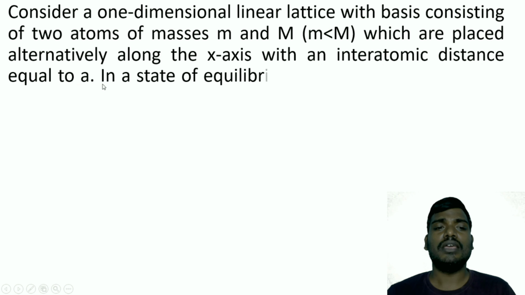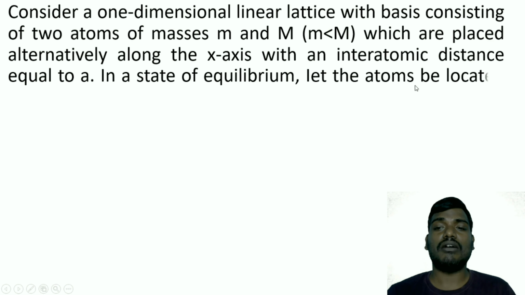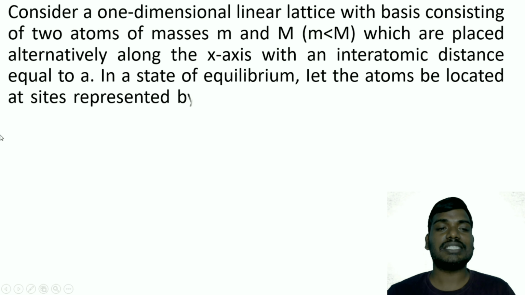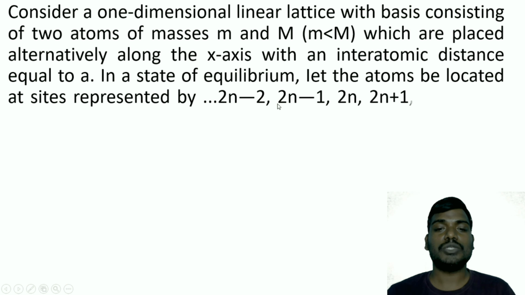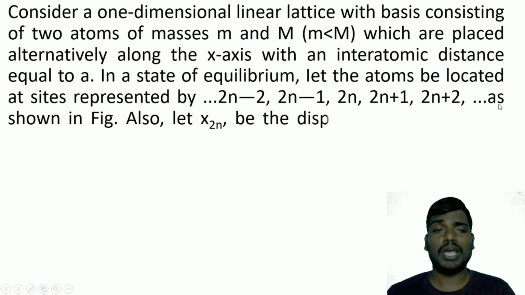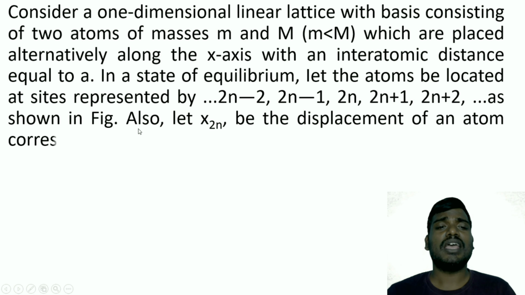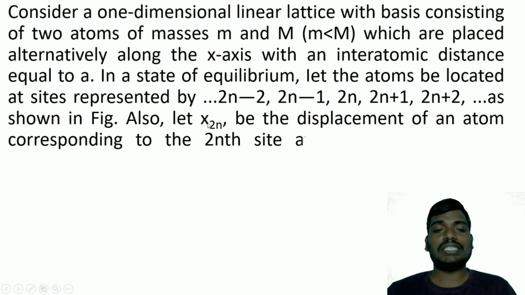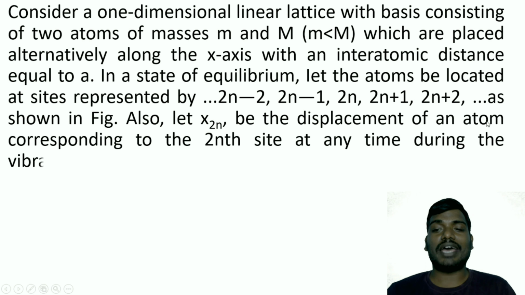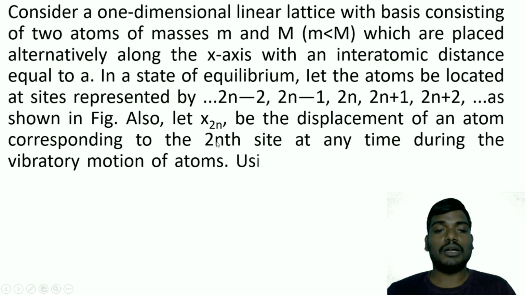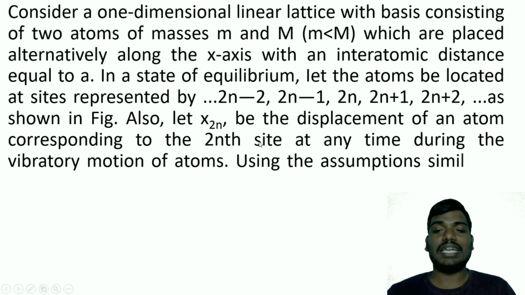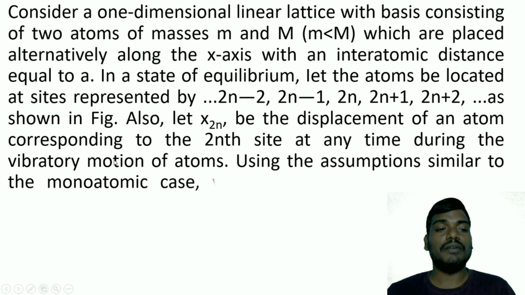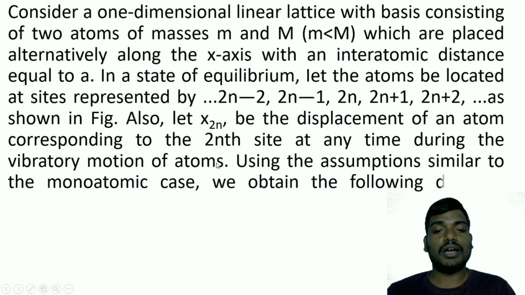In a state of equilibrium, let the atoms be located at sites represented by 2n minus 2, 2n minus 1, 2n, 2n plus 1, 2n plus 2, as shown in the figure. Also, let x2n be the displacement of the atom at the 2nth site at any time during the vibratory motion of the atoms.